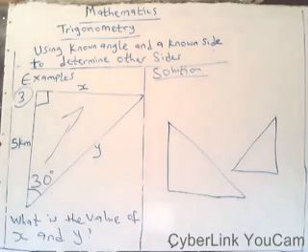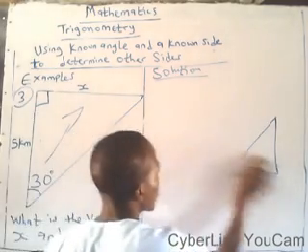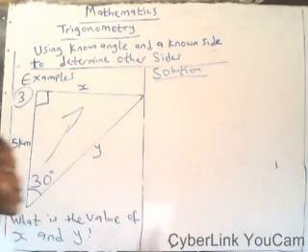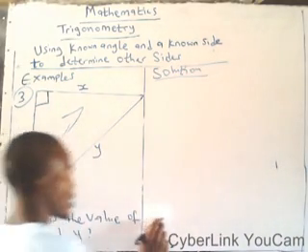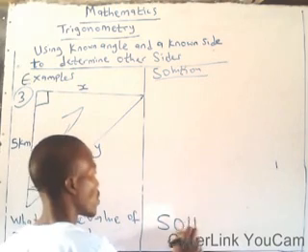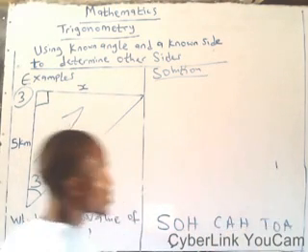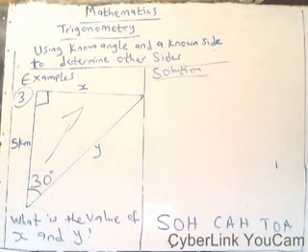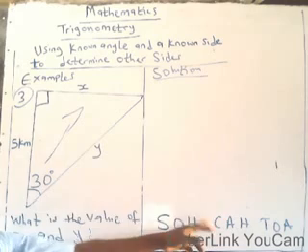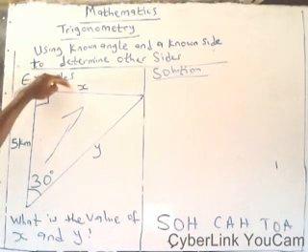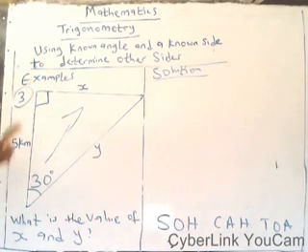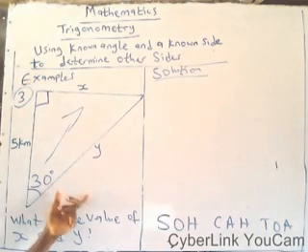If you now have that, the first thing you need to write down is your SOHCAHTOA. Write it somewhere. SOHCAHTOA. Now check which of these relationships match x and this line, adjacent. I want to solve it alphabetically.